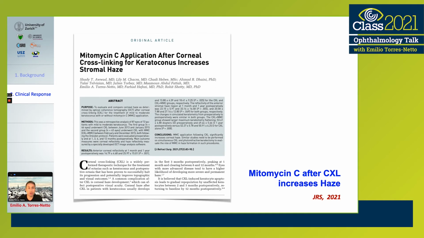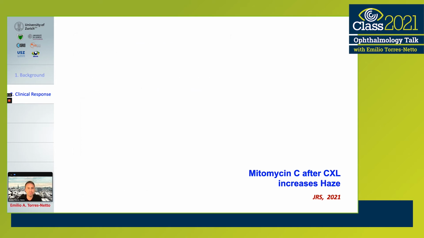A second point about haze is that we curiously identified that, contrary to what one would intuitively think, mitomycin C, MMC, in some situations can increase the haze. And this is what we have observed in combination with cross-linking.